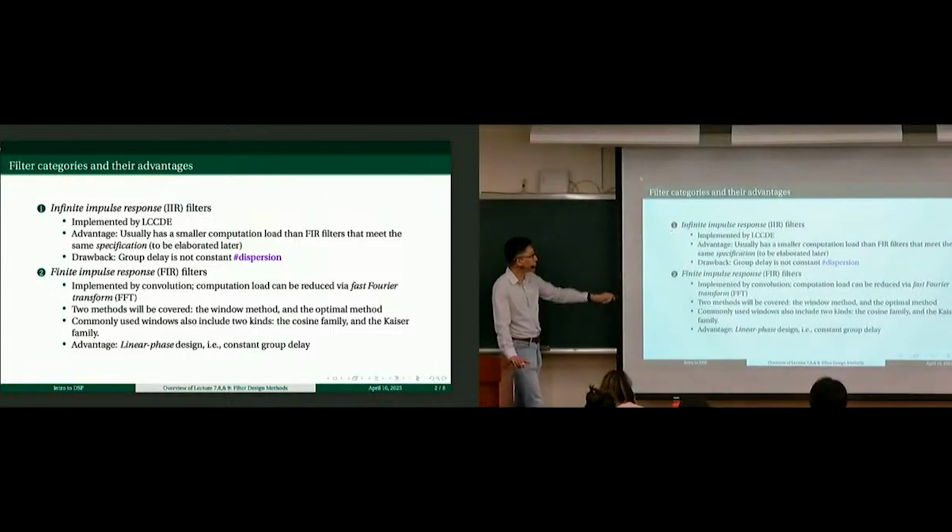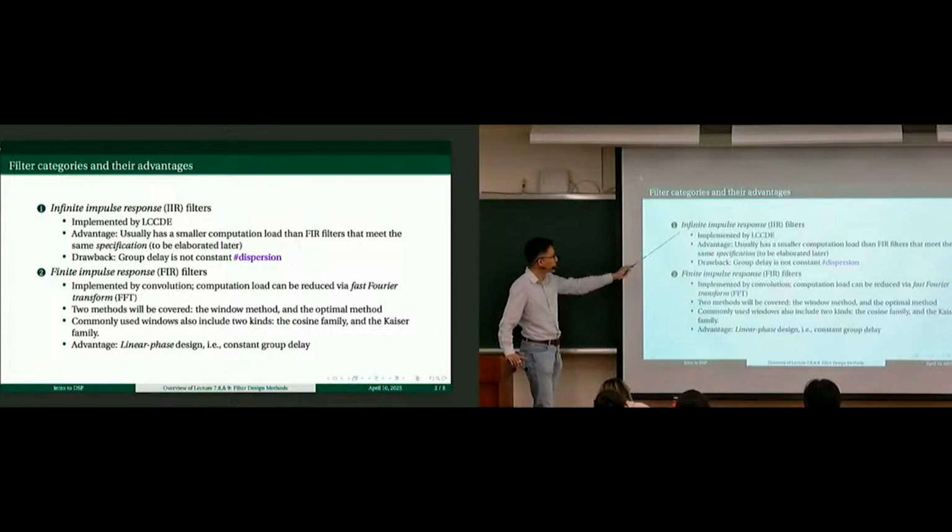Okay, what is the definition of an infinite impulse response filter? That means the filter's impulse response lasts forever, lasts infinitely in time. That's the definition of IIR. The filter will have a long, infinitely lasting impulse response. A finite impulse response means the opposite.